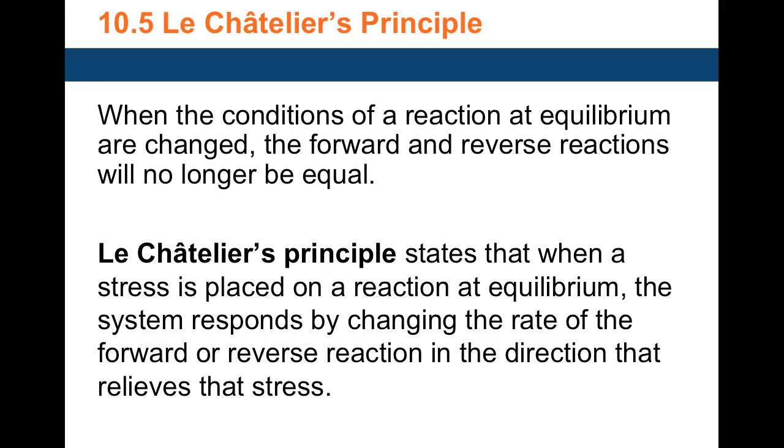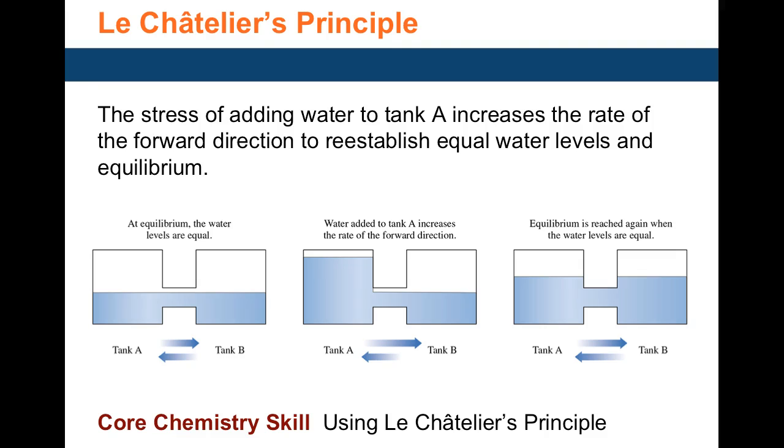Let's see if we can do some of 10.5 as well. 10.5 is dealing with Le Chatelier's principle. That is, if you put some kind of constraint on an original equilibrium, then the equilibrium will shift so as to re-establish a new equilibrium.